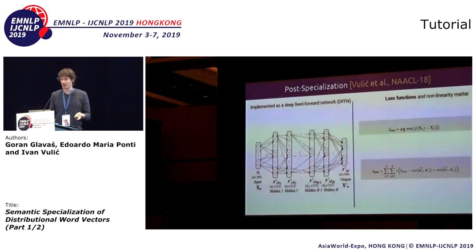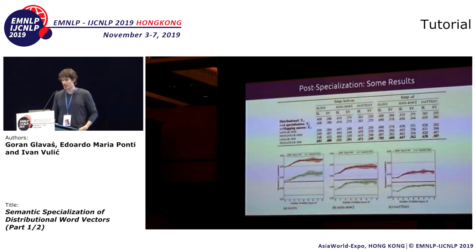Again, it can be implemented as a deep feed-forward network, and we tried different objective functions, like standard squared error minimization or the max margin framework like before, and it turns out that the max margin variant works better. Linear models work worse than nonlinear models, which is different from cross-lingual word embeddings research, but only nonlinear maps seem to work for us.